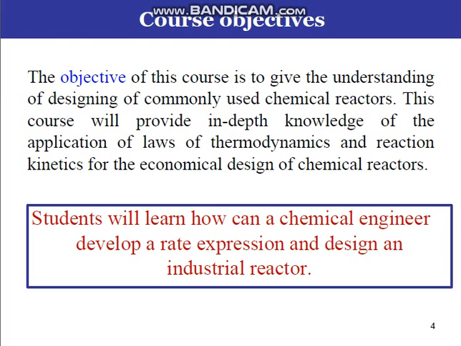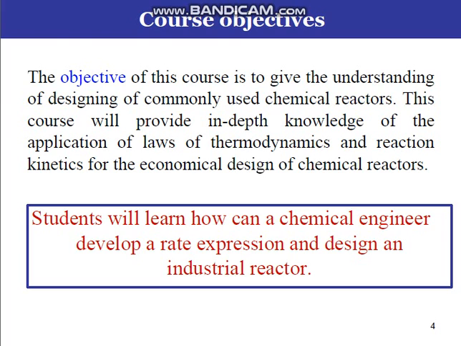So the main objective of a chemical engineer in studying chemical reaction engineering is to design a reactor, because chemical engineers basically build stuff from scratch on a large scale.